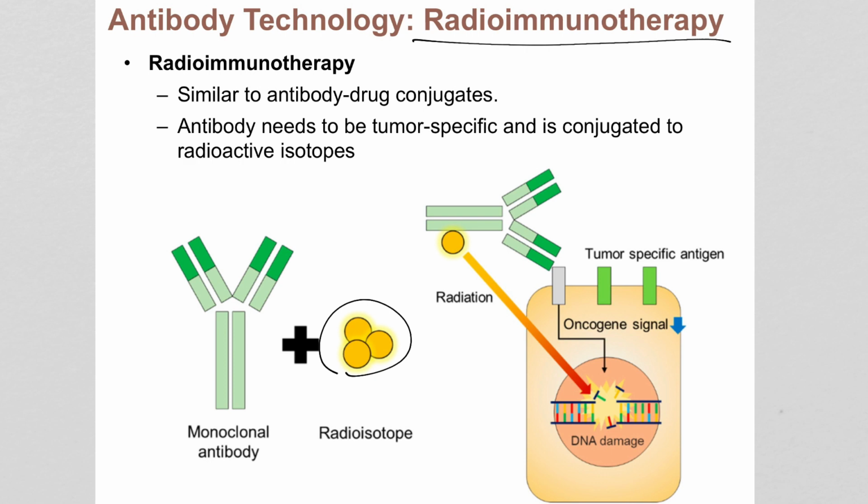And so if you can attach your radioactive payload to the antibody, you get the same effect as a drug. It's just this isn't really truly a drug. It's a radioactive emitting molecule that we hope will enter a cancer cell, damage its DNA, and kill the cancer cell so the immune system can come and clean up the damage.